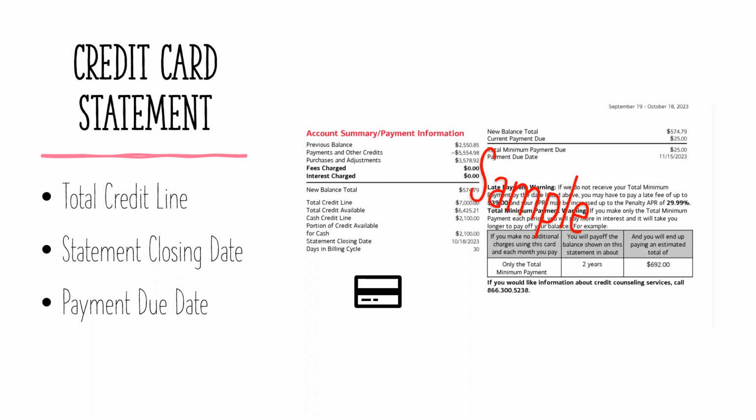So with the payments of $5,554.98 subtracted, then you're adding in the purchases of $3,578.92. The difference is $574.79.